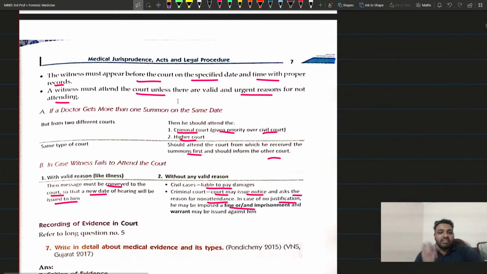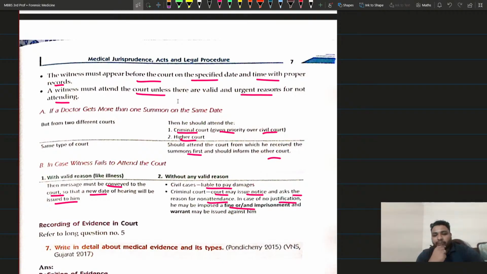The witness must appear before the court at the specific date and time with a proper record. You cannot escape from the summons. Else, if you don't attend, a proper inquiry can follow and an arrest warrant can be issued against you. So unless there is a valid and urgent reason for not attending, you need to attend.